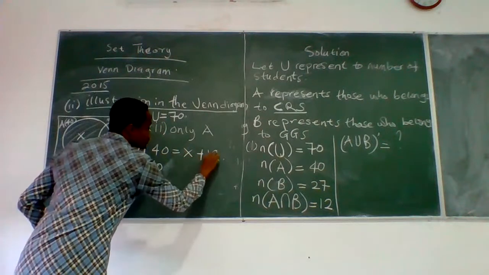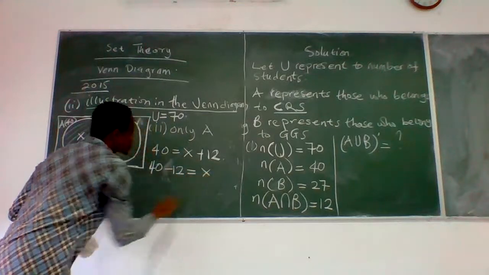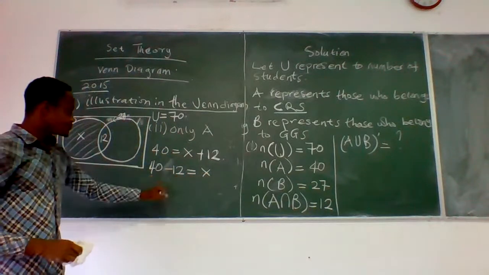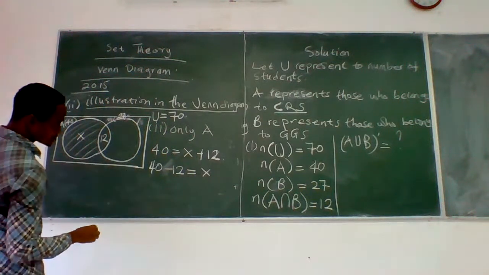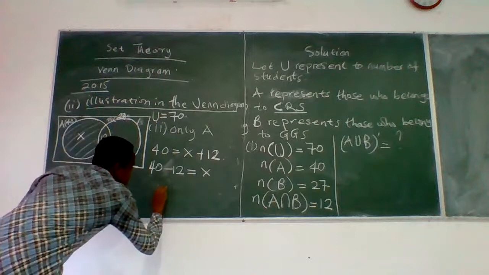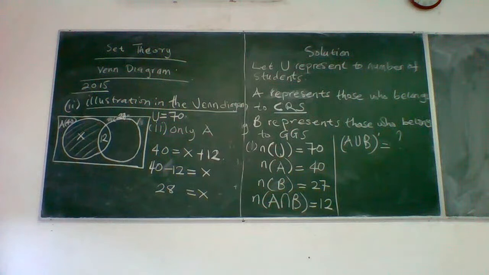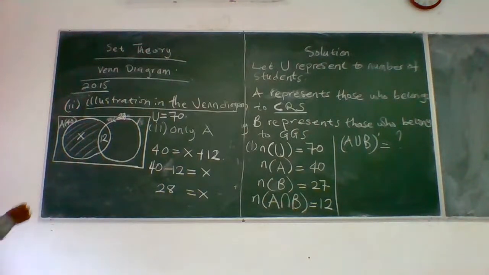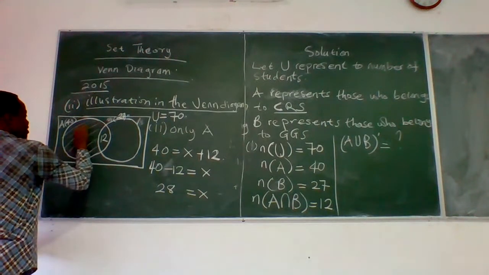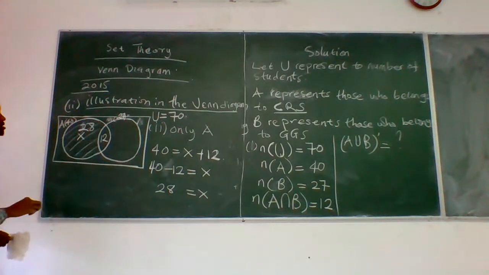So it's X plus 12, rather. So you have 40 equal to X plus 12, so X equals 40 minus 12. 40 minus 12 gives us 28, equal to X. So now we have 28 students belonging to only CRS. So here we have 28.